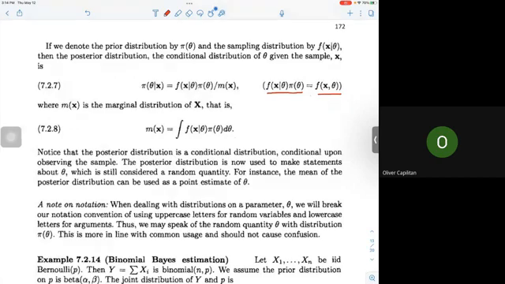So the posterior distribution is now used to make statements about our parameter theta. In other words, the mean of our posterior distribution is used as a point estimate of our unknown parameter theta.